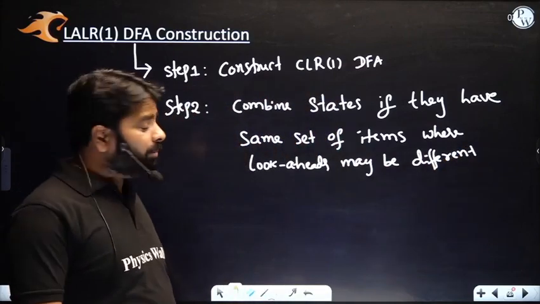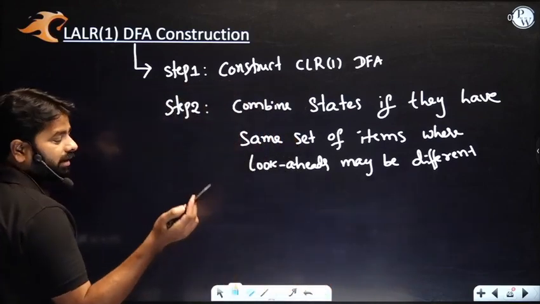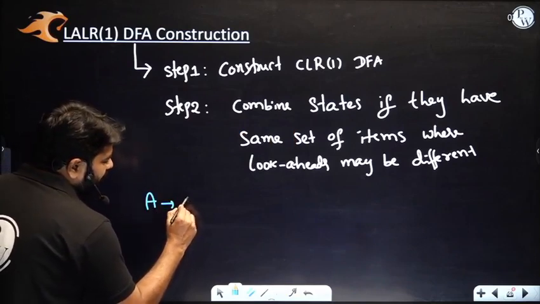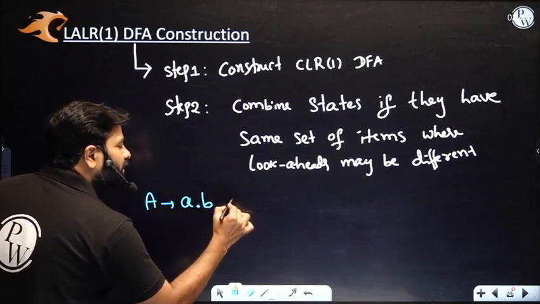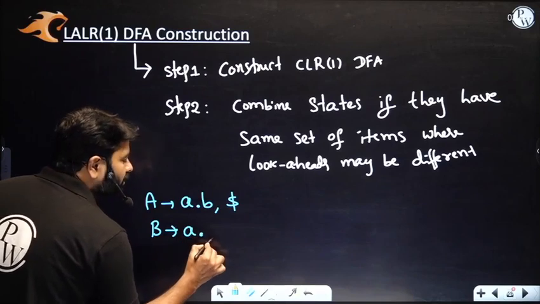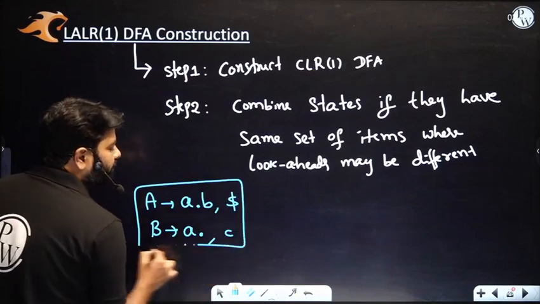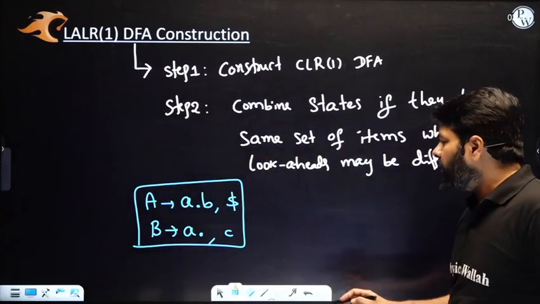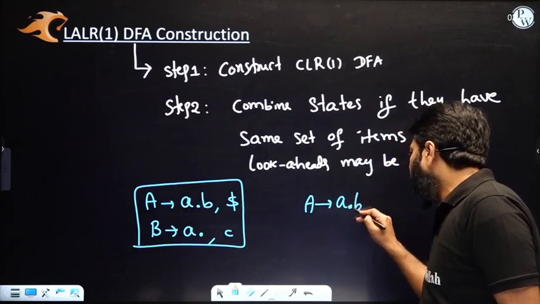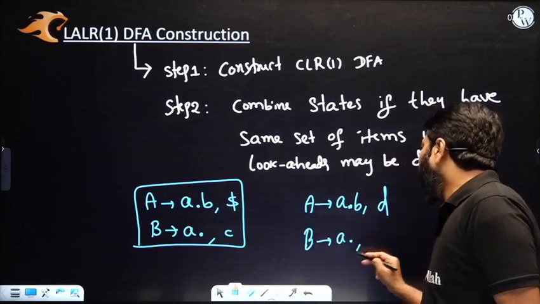Example, how do we combine? Suppose a simple example, don't worry about the actual grammar. Here you have A derives A dot B comma dollar. Another one you have B derives A dot comma C, and these two items are there. And when I come here, I have the same items, but I may have D, B derives A dot, maybe C, I don't care.